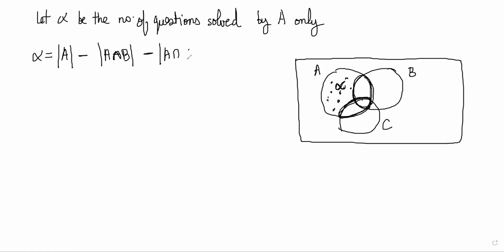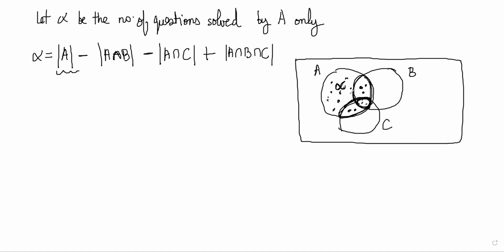But notice that in subtracting these, you have correctly subtracted these elements once each, but you have subtracted this portion twice. You don't want to subtract the same thing twice because it was present only once in this set, right? So you need to add A intersection B intersection C to ensure that you are only deleting these elements once, not more than once.